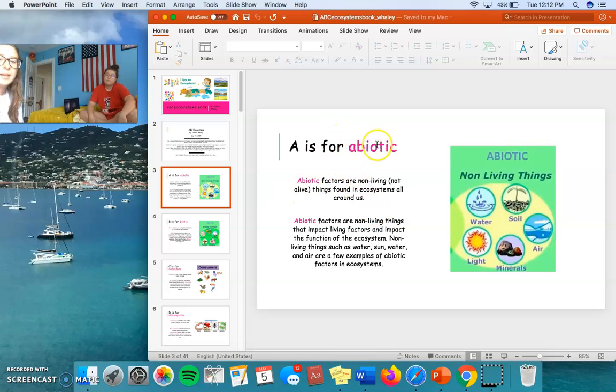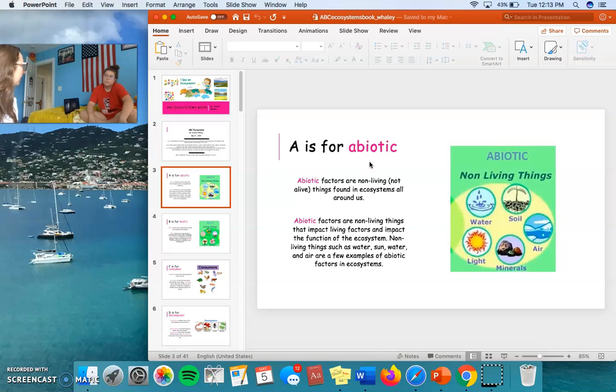A is for abiotic. Abiotic factors are non-living, not alive, things found in an ecosystem all around us. Abiotic factors are non-living things that impact living factors and impact the function of the ecosystem. Non-living things such as water, sun, air, are a few examples of abiotic factors.